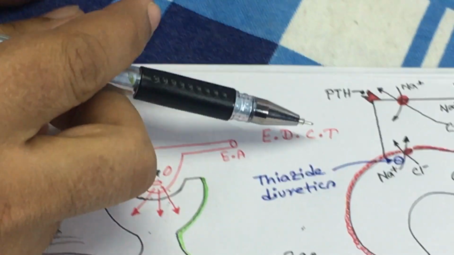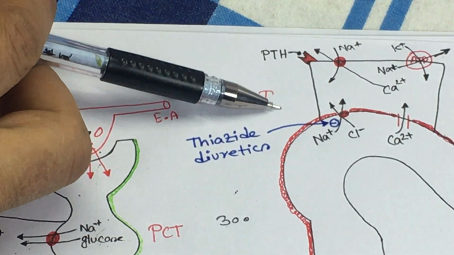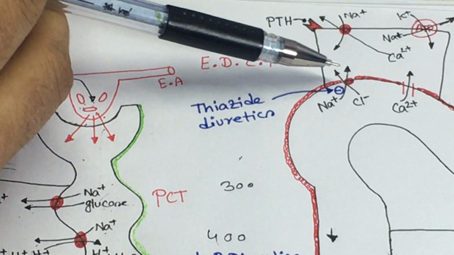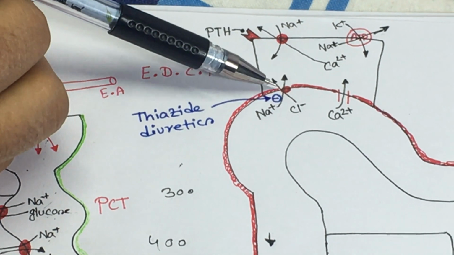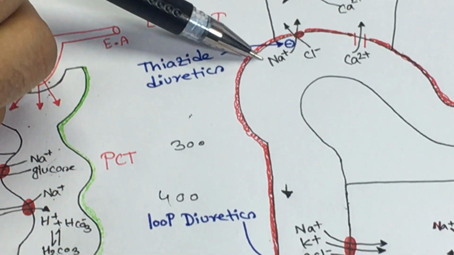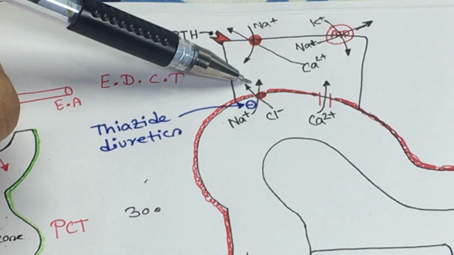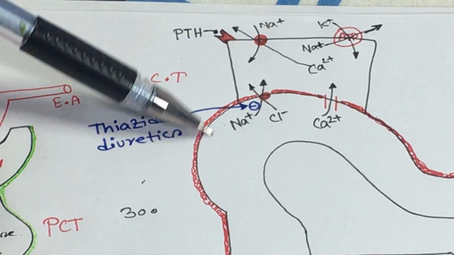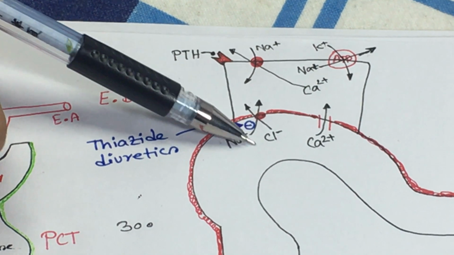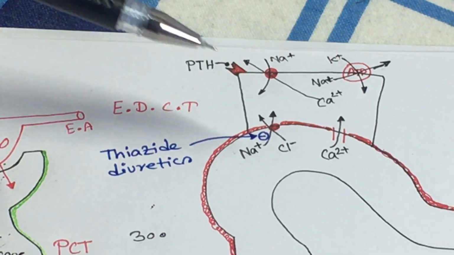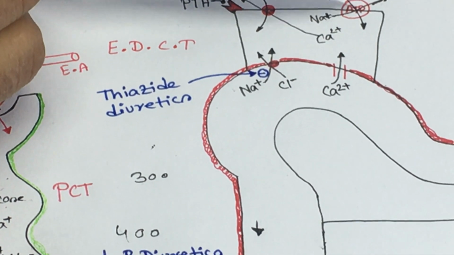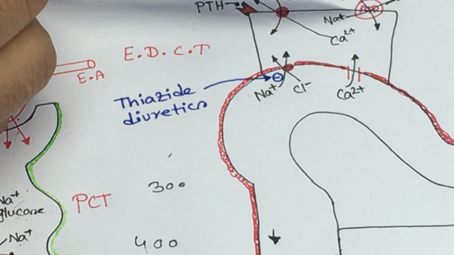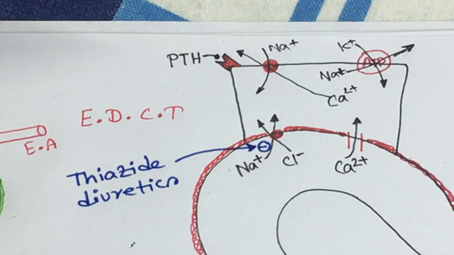So this is the early distal convoluted tubule. This area is also impermeable to water. In the luminal area of this cell there is a sodium chloride cotransporter. That means from the luminal area sodium and chloride are being reabsorbed. In its basal area it also has the sodium potassium ATPase.